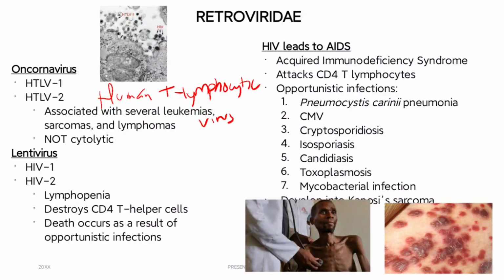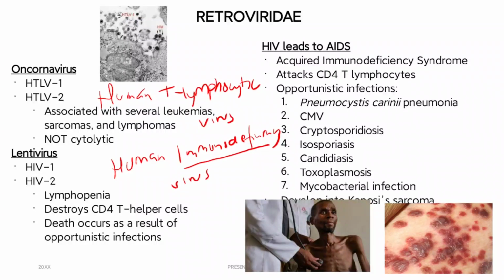That's why HTLV, human T lymphocytic virus. When it is HIV, that is the human immunodeficiency virus. It is called that because it is cytolytic. It will destroy the T helper cells, the CD4 T helper cells. And then, it causes immune deficiency.